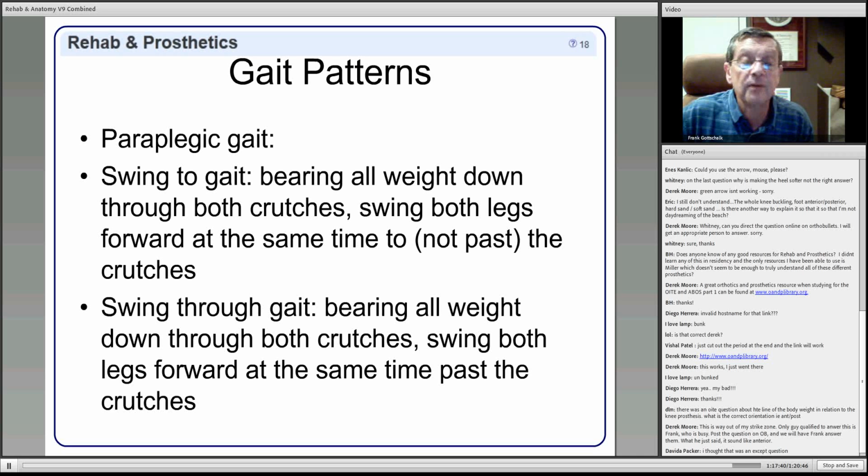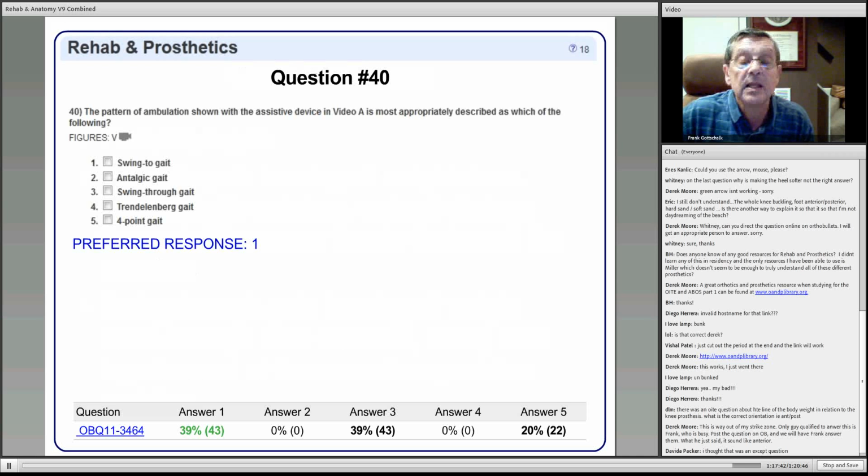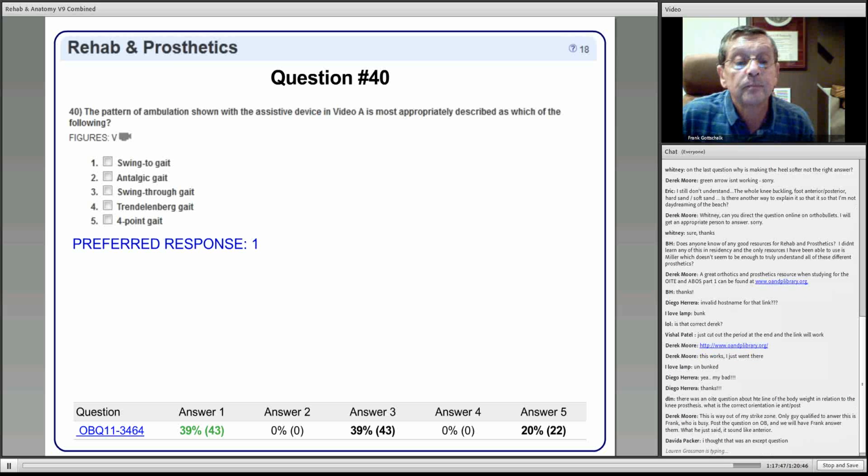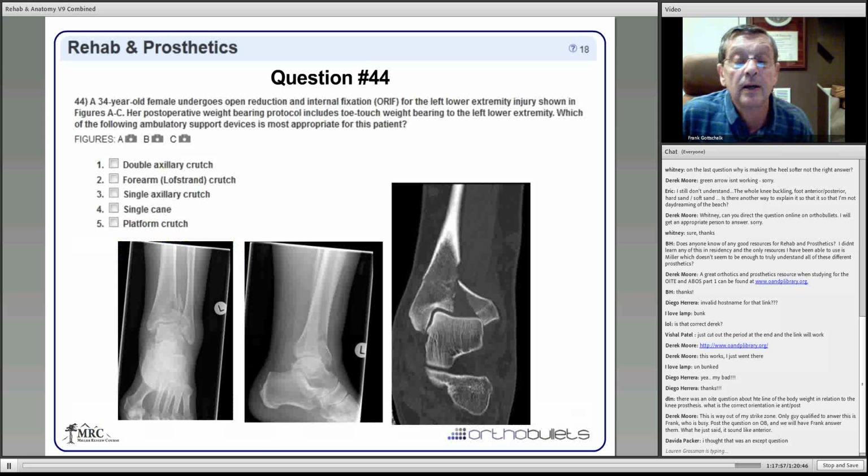So that's the difference between swing-through gait and swing-to gait. So the correct answer for this one was number 1, swing-to gait, and as I've just highlighted, number 3 was not the correct answer, which again nearly 40% of you gave.